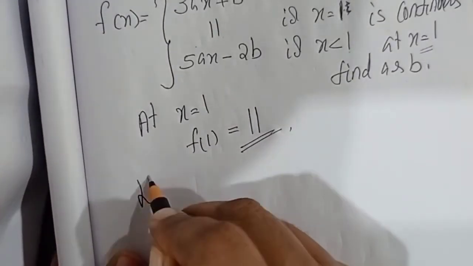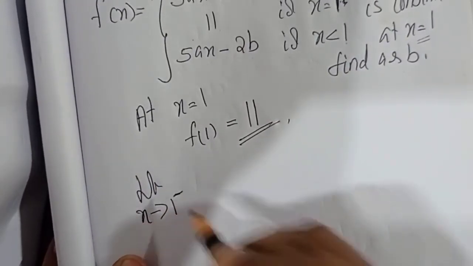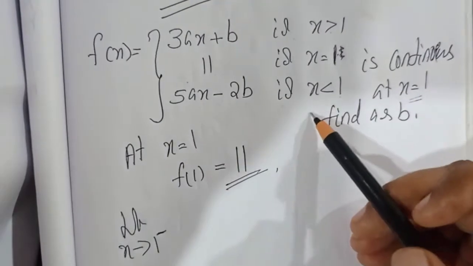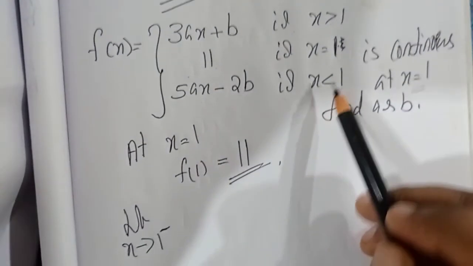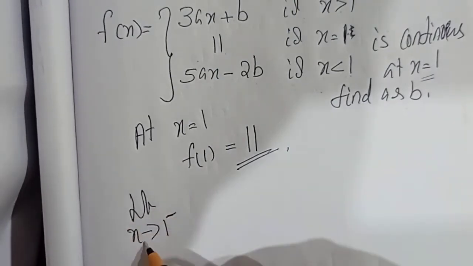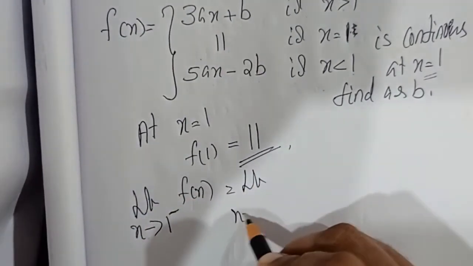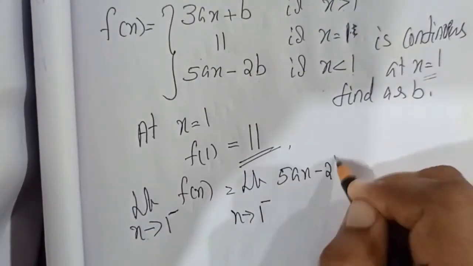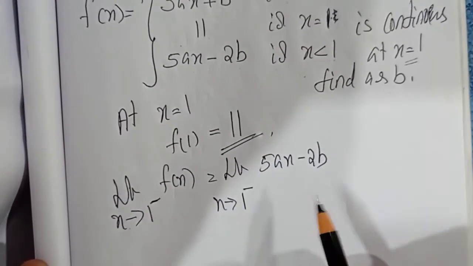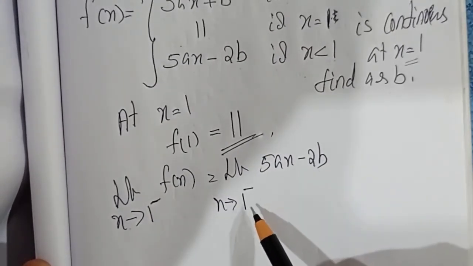Then limit x tends to 1 minus. All of you look at the board. 1 minus means the last line. Limit x tends to 1 minus f(x) means limit x tends to 1 minus of 5ax minus 2b. That is the function f(x) takes in the negative part.